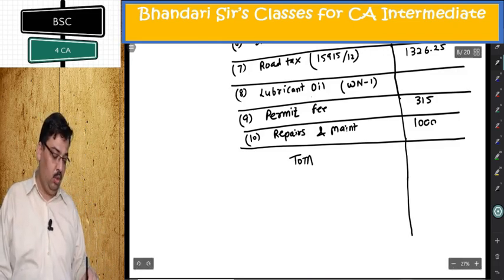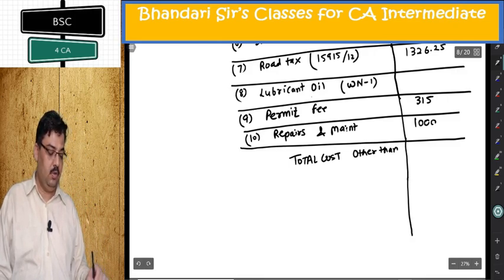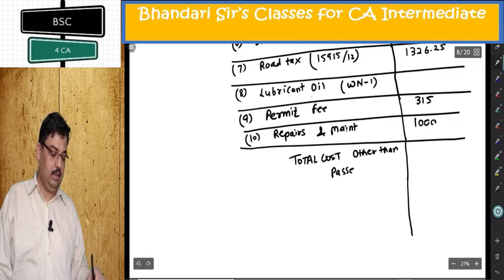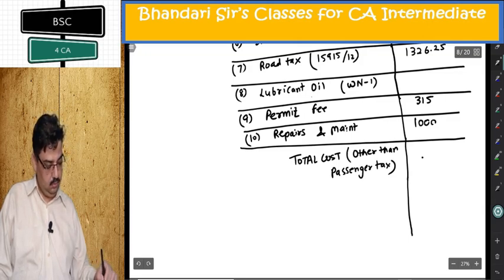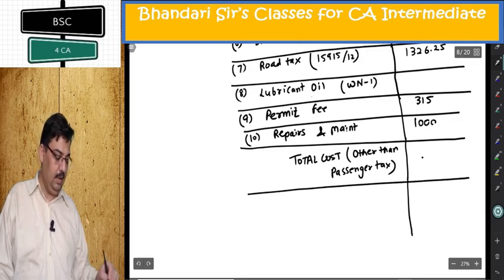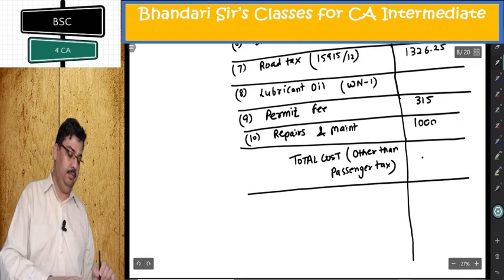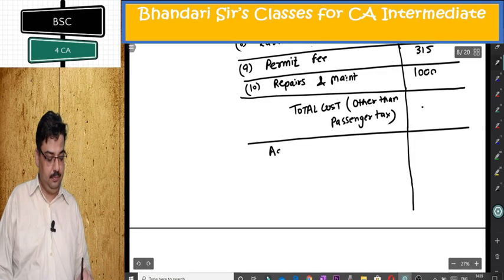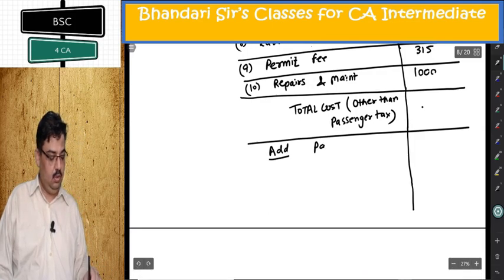I'll put here total cost other than passenger tax. I'll compute later and then add and put here. Add passenger tax.